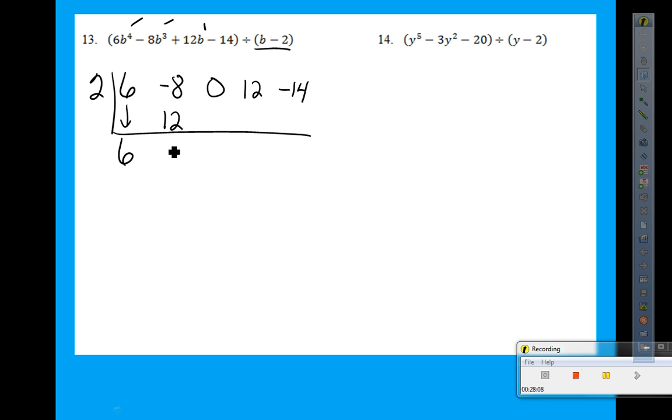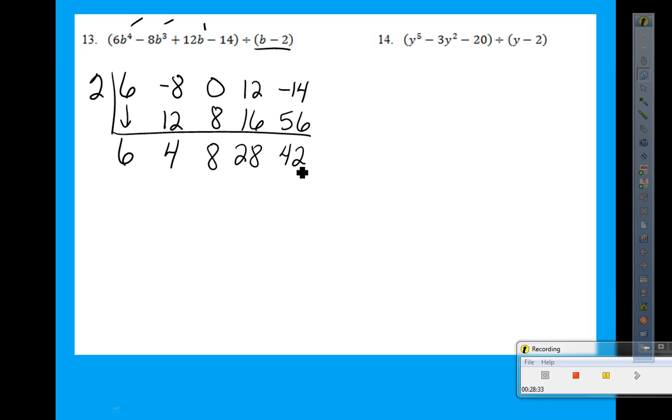Negative 8 plus 12 is 4. 2 times 4 is 8. Add them up and get an 8. 2 times 8 is 16. Add them together and get 28. 2 times 28 is 56. Add those together and get 42.